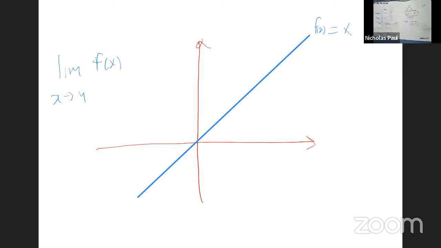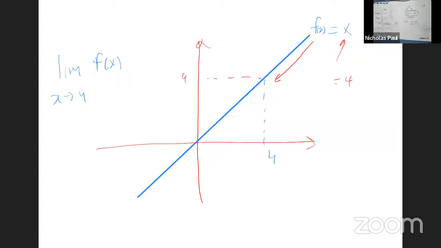So my value here is 4. Let's approach 4 from the right. What will the answer be? Anybody could make a guess? All you're doing is putting the x value there. That's 4, so it will approach 4.